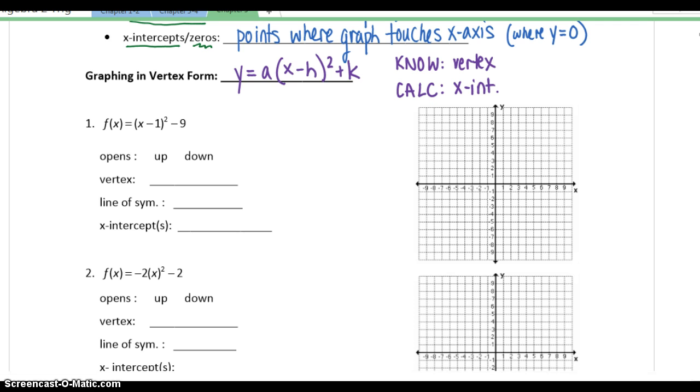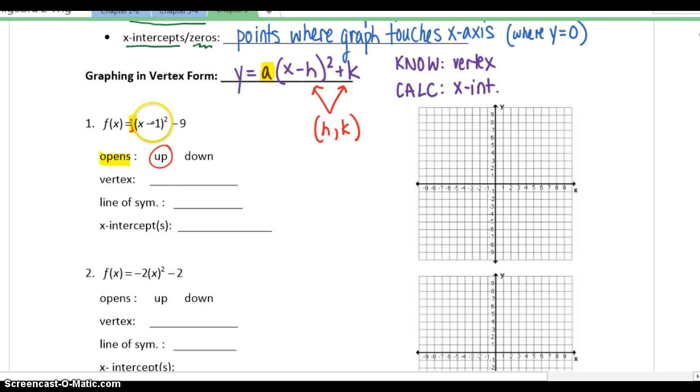In order to figure out which way it opens, we look at our a value, the number that's right out front. In this case, that's just a 1. Since it's positive, it's going to open up. If it were negative, it would open down. As for our vertex, the vertex of a function in vertex form is determined by the h and k values.